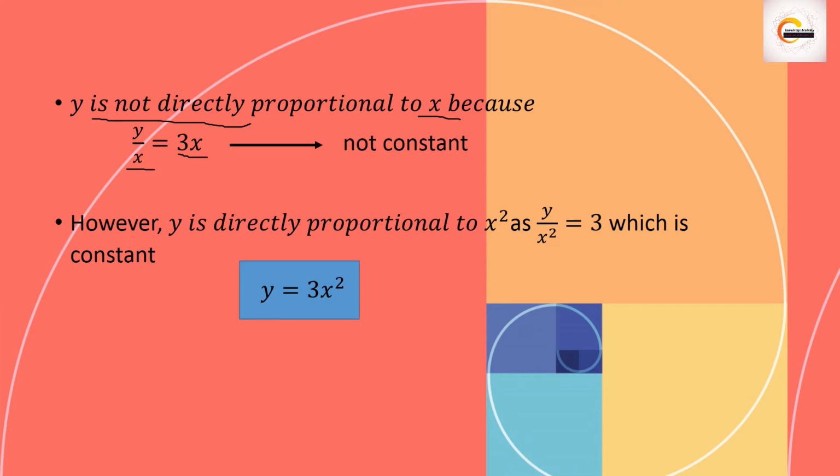However, y is directly proportional to x square because y upon x square is 3 in all the cases. So 3 is constant. So we can say that y is equal to 3x square.